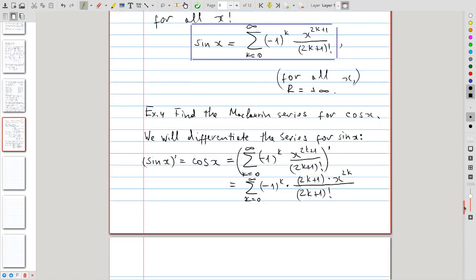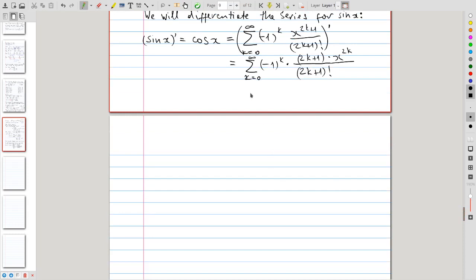Let us simplify it now. So we see that it is equal to the sum. Now what can we simplify? Of course, we have 2k plus 1 on the top and 2k plus 1 factorial over here.